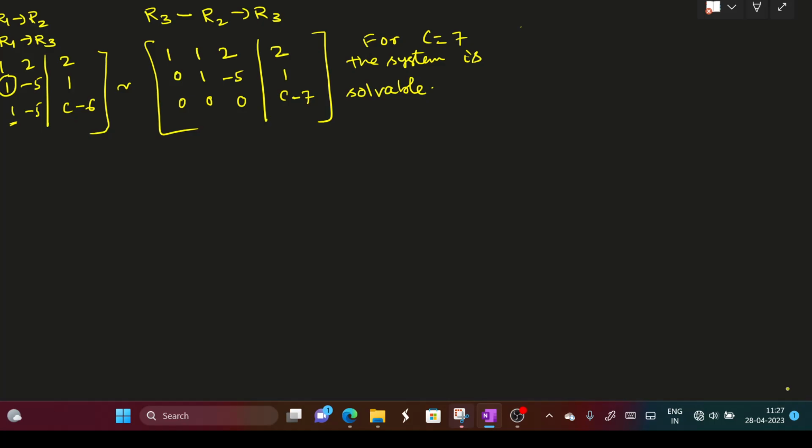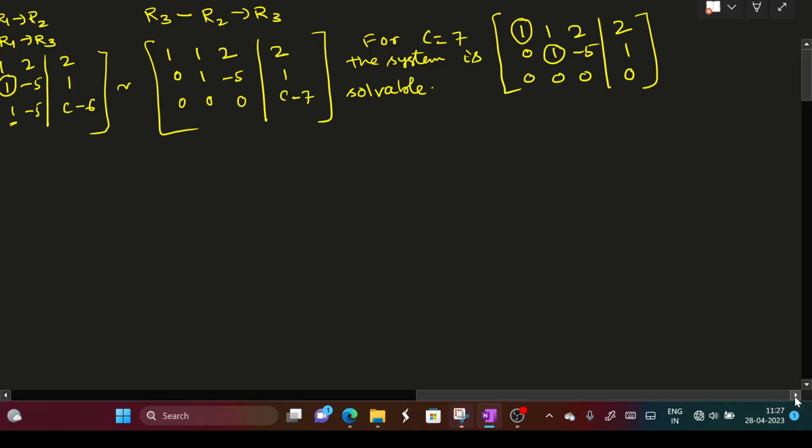The variables are u, v, w. So the new matrix after substituting c is equal to 7 is 1, 1, 2, 2; 0, 1, minus 5, 1; 0, 0, 0, 0. That means this is a pivot, this is a pivot, so the third variable w is a free variable.